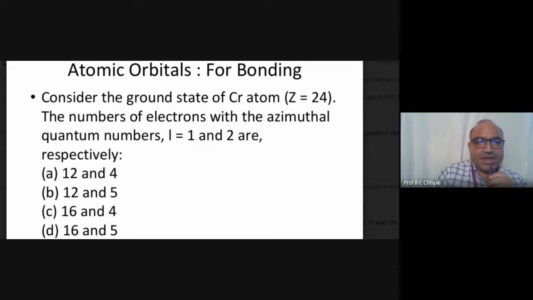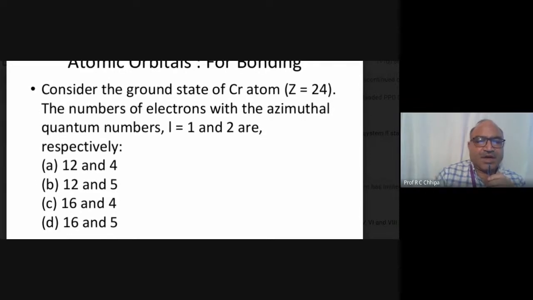So in the ground state of chromium, the configuration is 1s2, 2s2, 2p6, and then 3s2, 3p6.